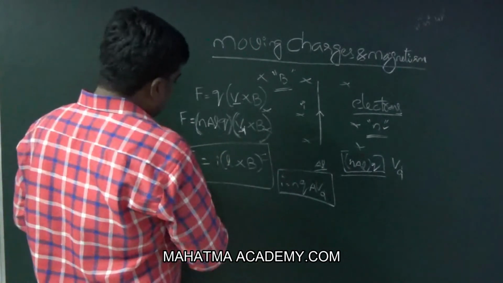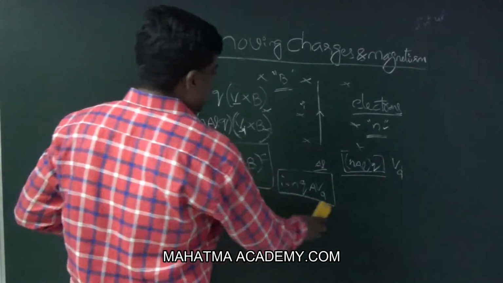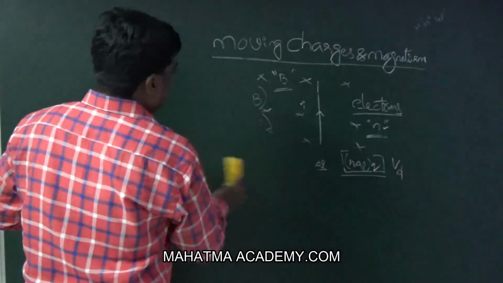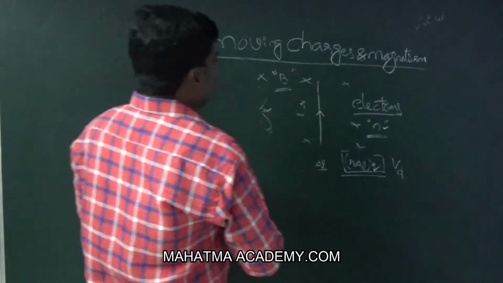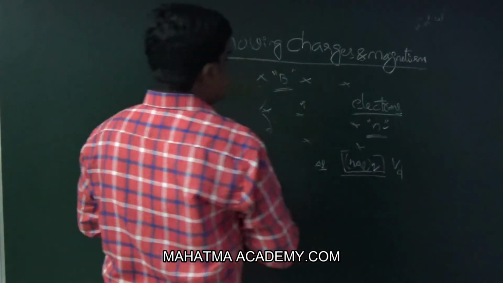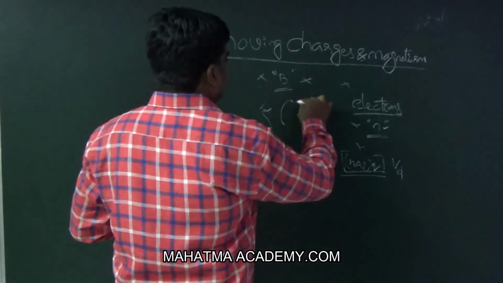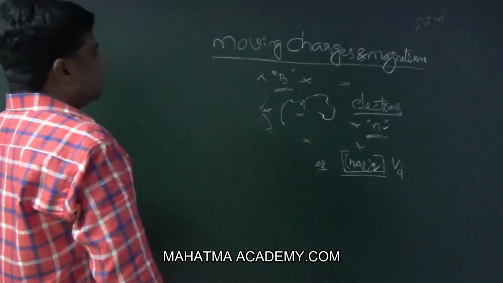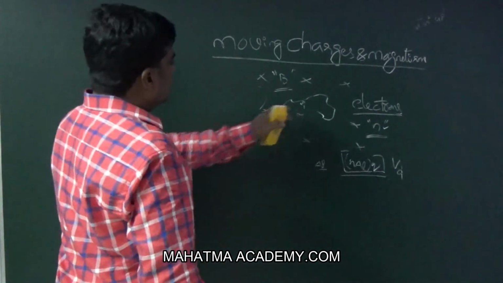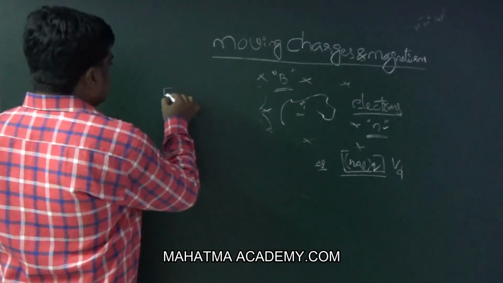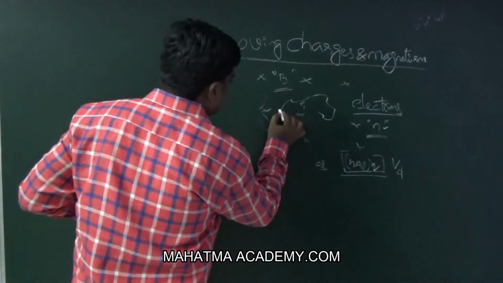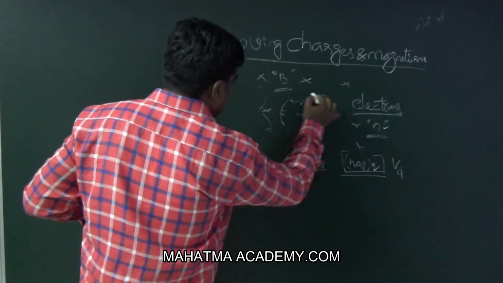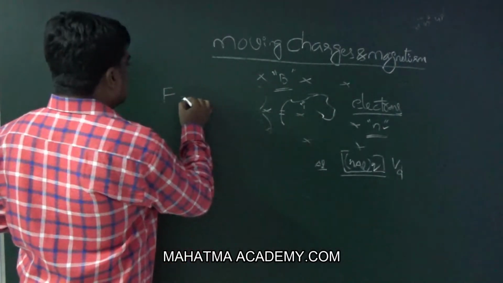The formula is F equals I L cross B. Suppose the shape of the conductor is not a straight line, it is arbitrarily shaped. How will we find the magnetic force? We integrate: take some small part, find the magnetic force, and integrate over the total length of the conductor.